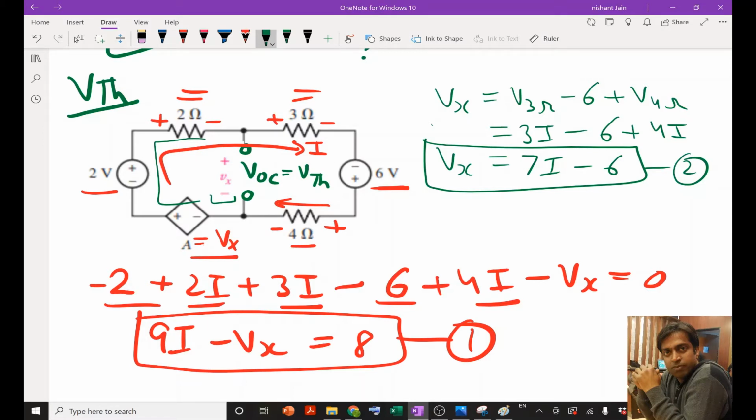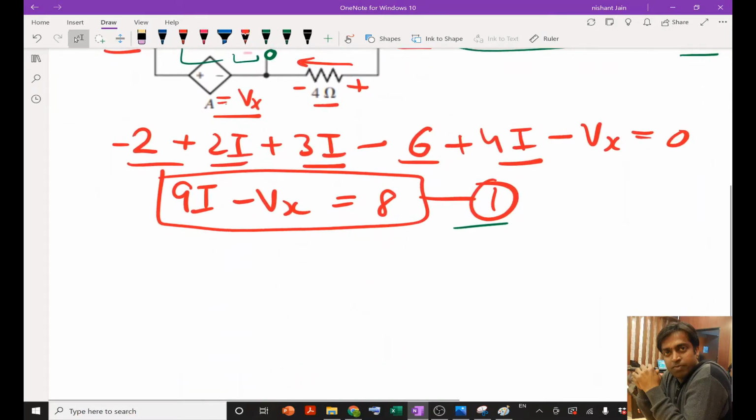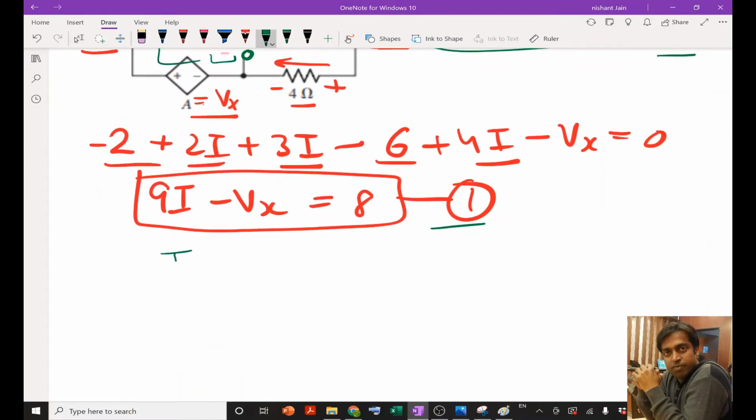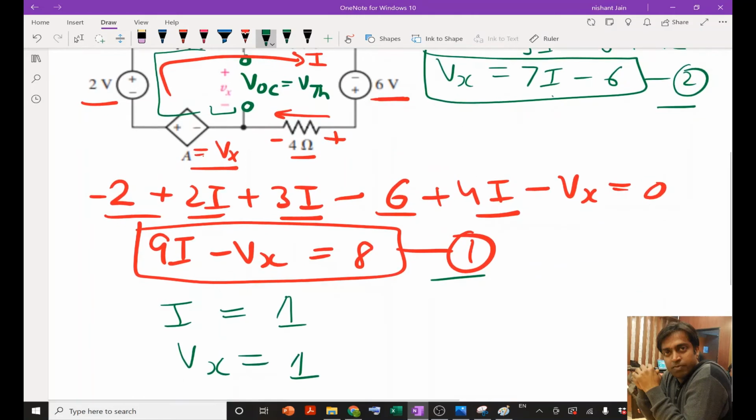And solving these two equations 1 and 2, we can get the value of I and Vx. Sorry, I will come out to be 1, and Vx will also be coming out to be 1.